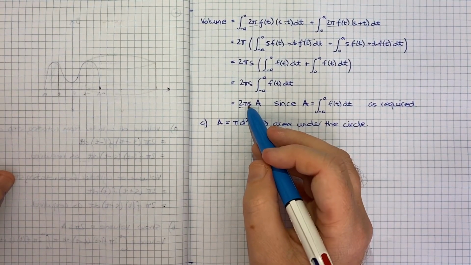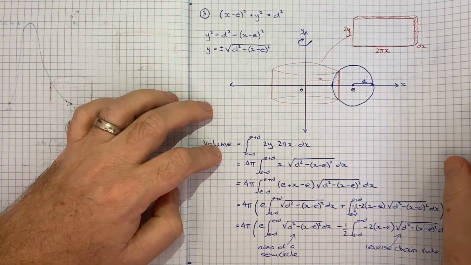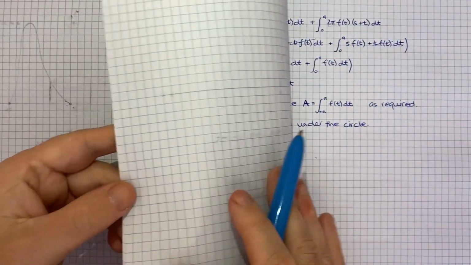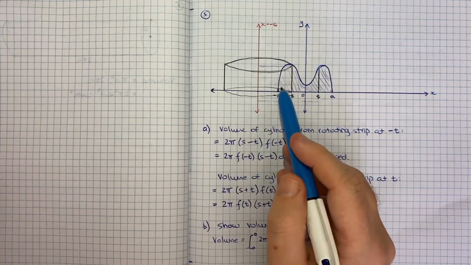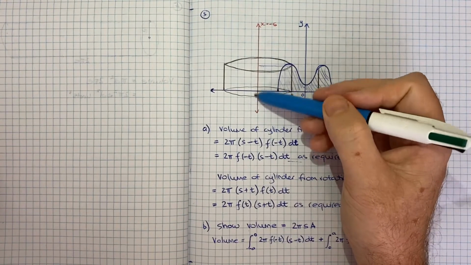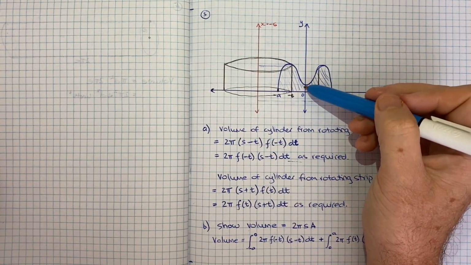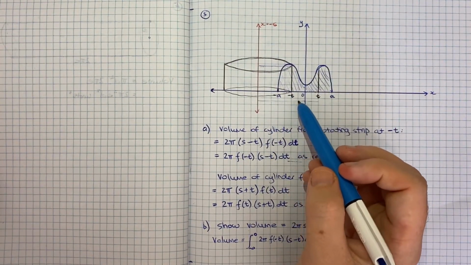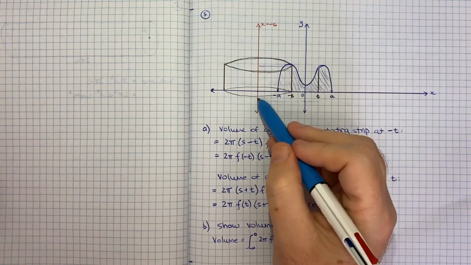Now, what would S be? S is the distance. If we come back here, S is what we're rotating around. So it's the distance between what we're rotating around and the center of the curve. In this question 5, the center of this curve is 0, and so the distance there is S.